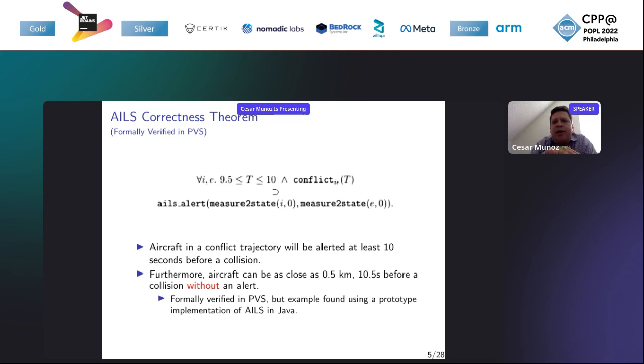That is the maximum bank angle that a commercial aircraft can implement. So essentially, this theorem is proven for an infinite number of trajectories for the intruder. And as I said before, those trajectories are continuous functions with some constraints on the turn radius for the aircraft.